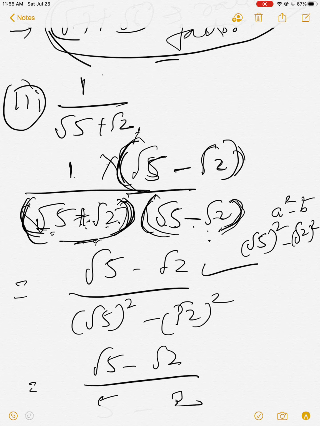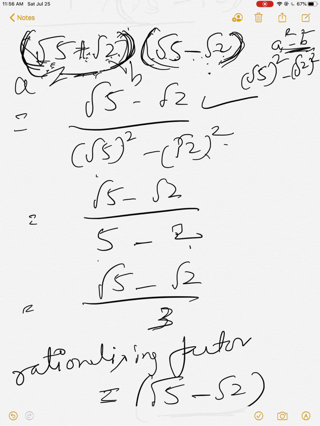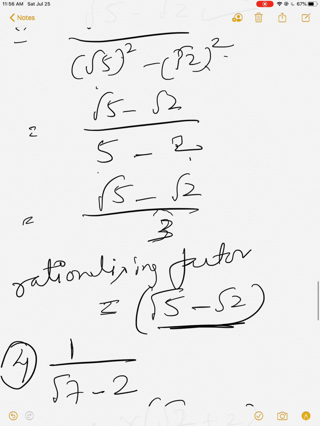Now a plus b, a minus b: √5 plus √2, √5 minus √2. Again you can write it in the form of a square minus b square. What is your a? a is equal to √5 and b is equal to √2. So √5 square minus √2 square, 5 minus 2 is equal to 3. √5 plus √2 was there in the irrational denominator; we have converted it into 3, which is a rational number. To make it rational, what did we multiply by? √5 minus √2.